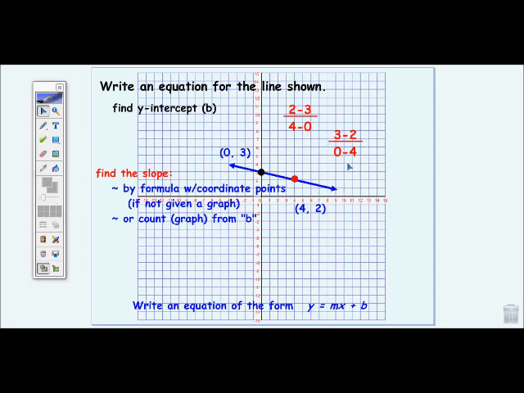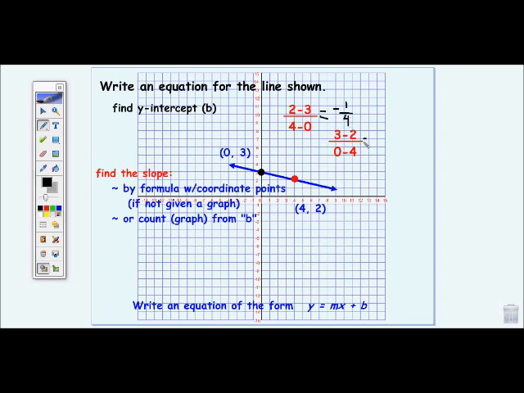In the other formula, I went ahead and I took the y from the black point, 3, subtracted 2, and 0 subtracted 4. In both equations, I will end up, because of integer rules, with the same answer. 2 minus 3 is a negative, and I get negative 1 over 4.